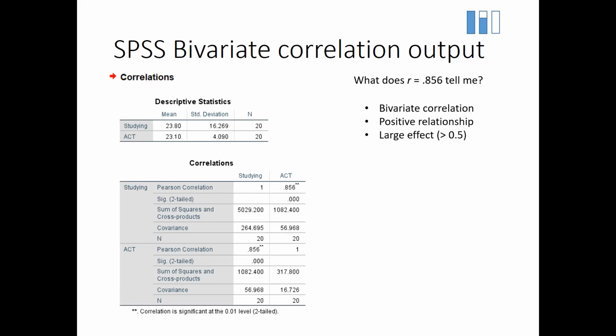The directionality is either positive or negative. And the effect is based on the R value, Pearson's correlation coefficient. This is a large effect because it's greater than 0.5, right? Remember we talked about that earlier: less than 0.3, 0.3 to 0.5, and then above 0.5.